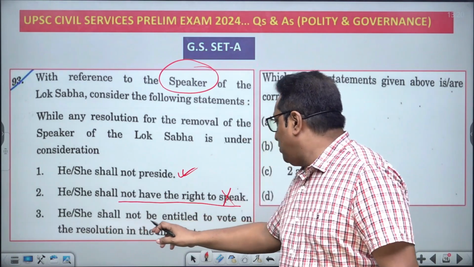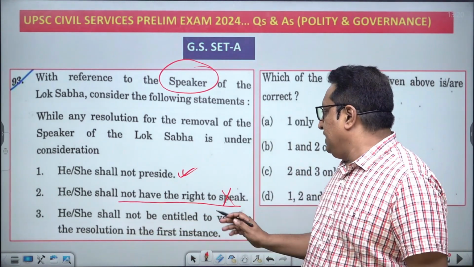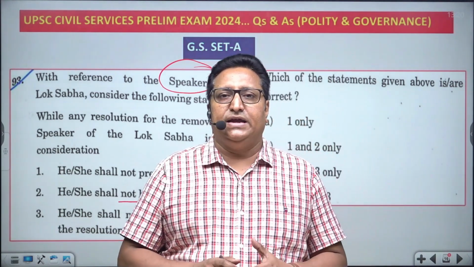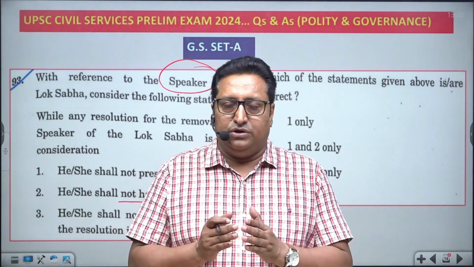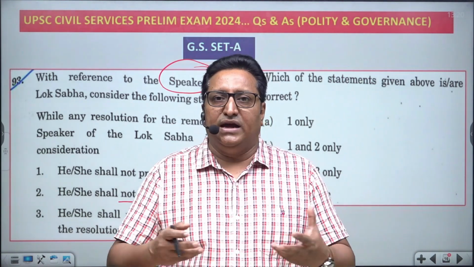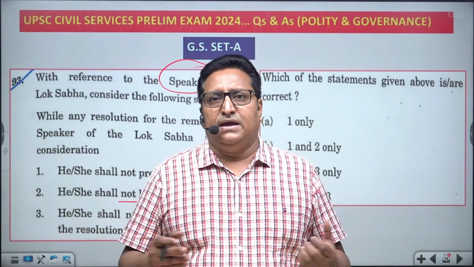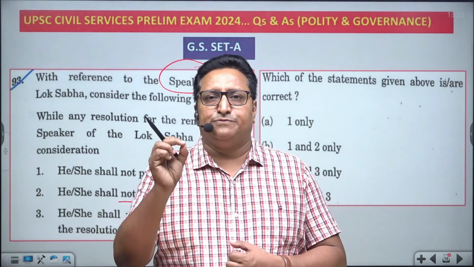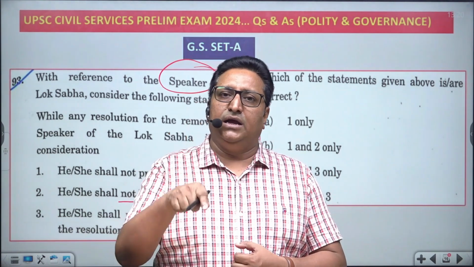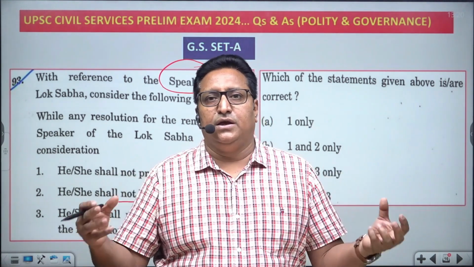He shall not be entitled to vote on the resolution in the first instance. No. The Speaker is usually prohibited from exercising his vote on everyday matters. When any resolutions are passed or a bill is passed, he is expected not to vote. But he will vote only when there is a tie of votes between the opposition and the ruling members.